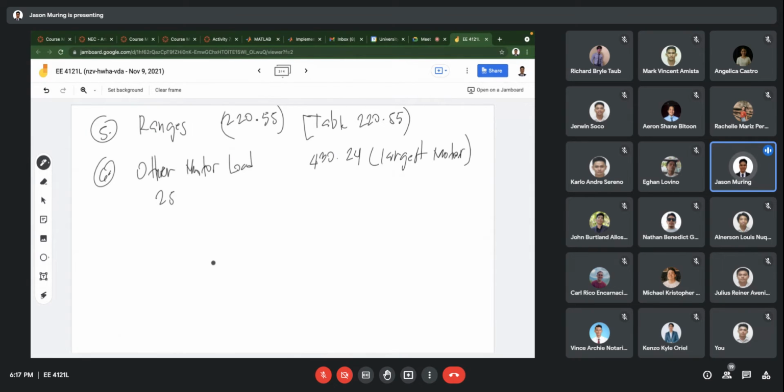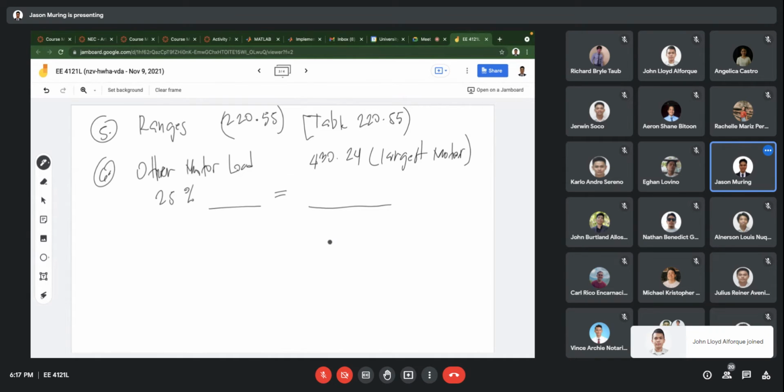Okay, so if you have ACUs, those are considered motor loads. You have to look at the one with the largest wattage or power, then multiply it by 25%, then add this value to the total demand. Based on this demand, you can now calculate your current.